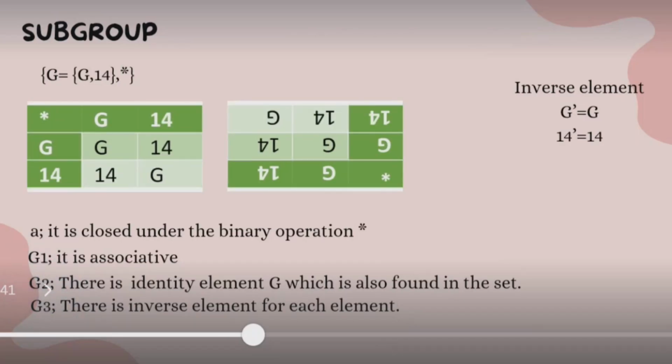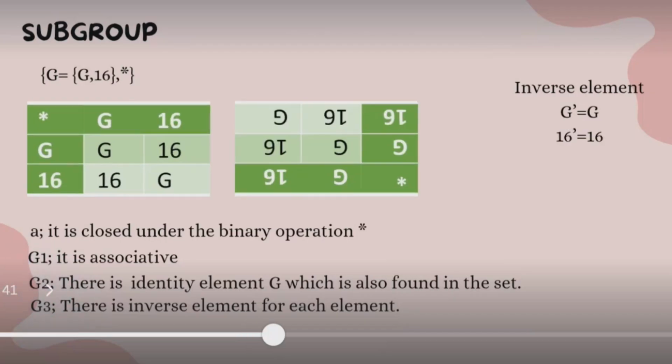So next is a subset of G is equal to G14. This is closed under the same binary operation of G sub 8 because it is also associative and has identity and inverse. And for the last subgroup, I think it is the subset of G with an element of G16.